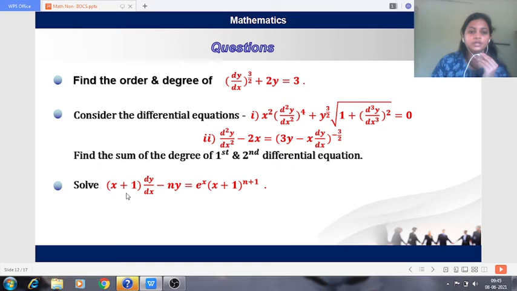At first we get the integrating factor from this equation, and then we multiply both sides of this equation by the integrating factor, and then on integrating we can get the solution of this differential equation.